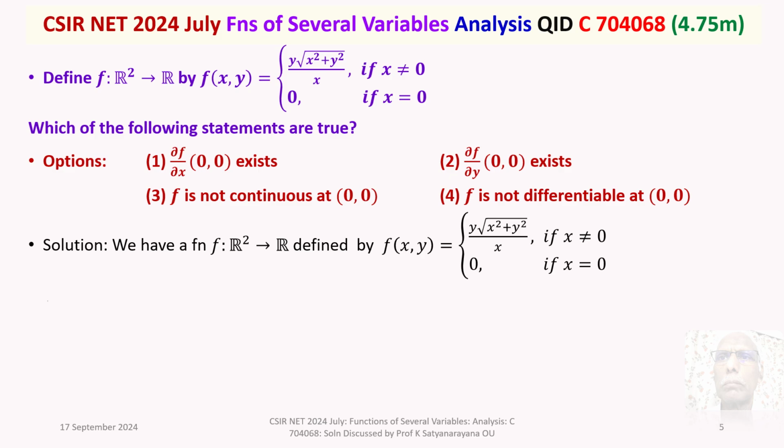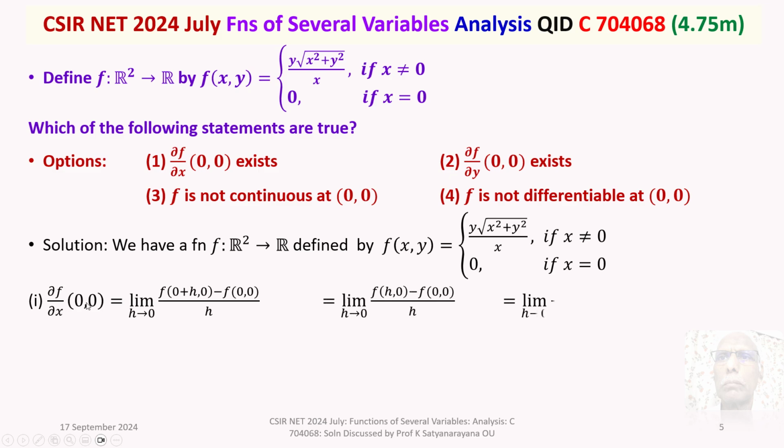Right. So let's now take the first one. The partial derivative of f with respect to x at the origin, by definition, is equal to the limit as h tends to 0 of f of 0 plus h comma 0 minus f of 0 comma 0, divided by h. That's equal to the limit as h tends to 0 of f at h comma 0 minus f at 0 comma 0, over h.